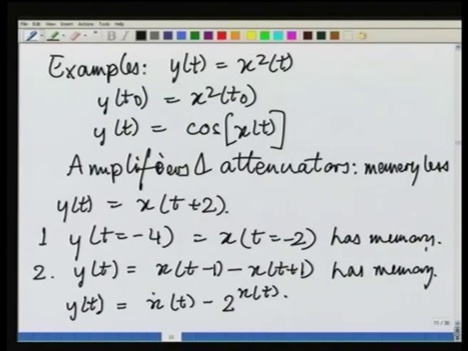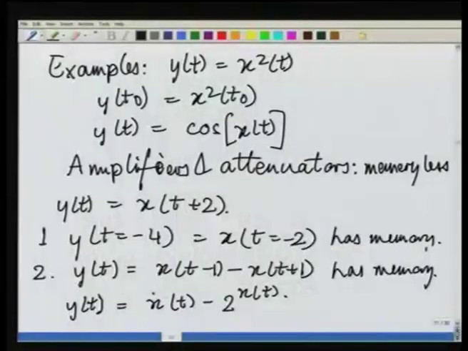Does the system have memory or does it not have memory? If that is the question, then we can look at some fixed time instant t naught, and see how we would evaluate the value of the output signal y(t) at t naught. Y(t naught) would be equal to x(t naught) minus 2 to the x(t naught).